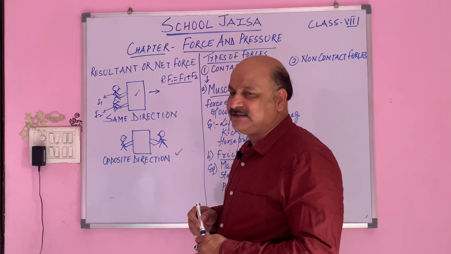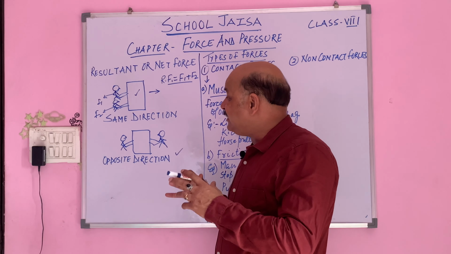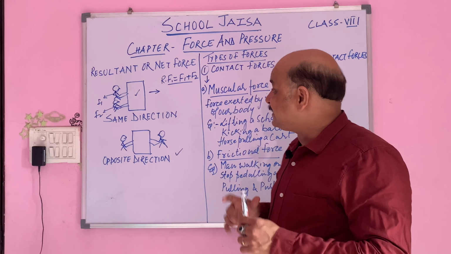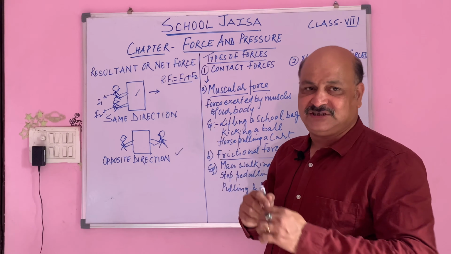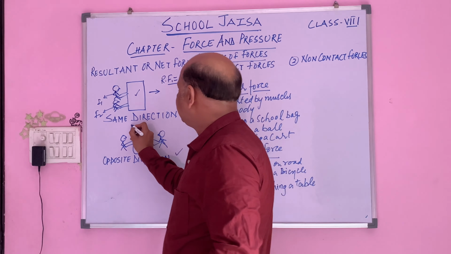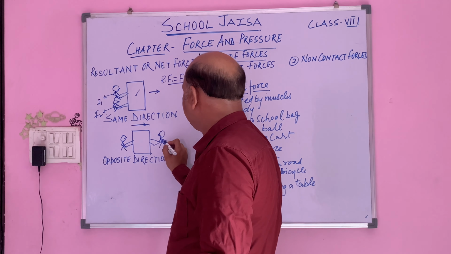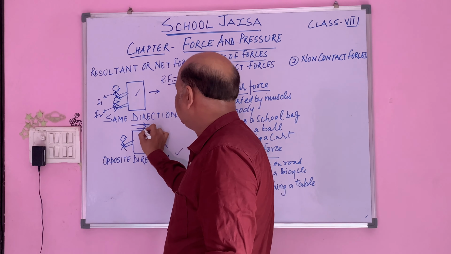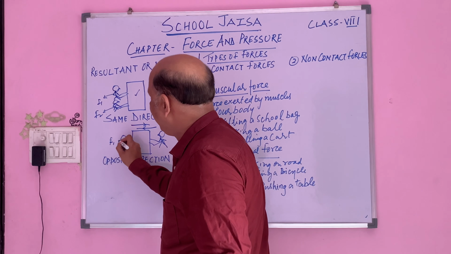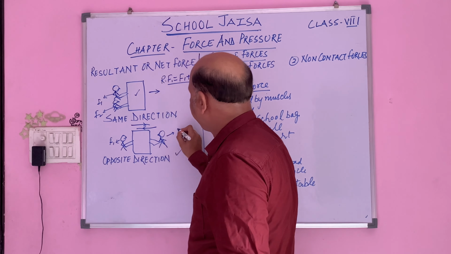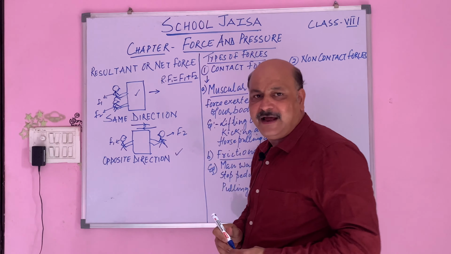Here the two persons are trying to push the almirah in opposite directions. One person is trying to push it in this direction, whereas the other is trying to push it in that direction. Since they are pushing in opposite directions, the forces applied by person 1 and person 2 can be seen here.